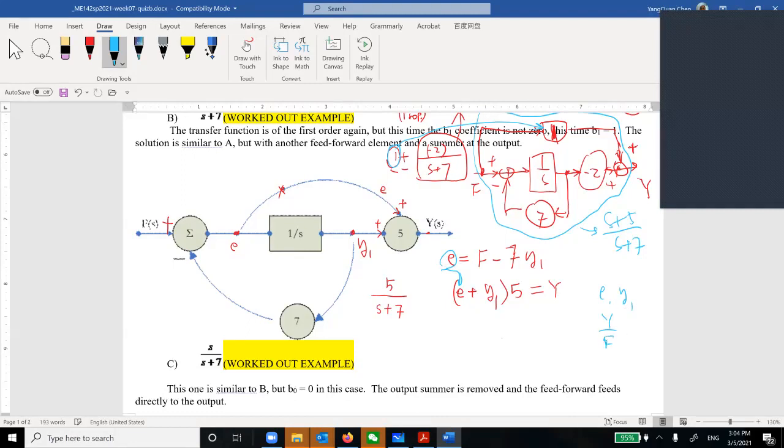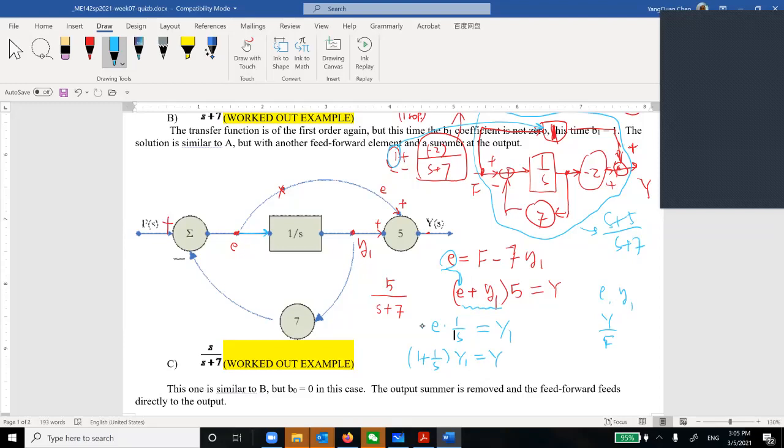Okay. So what we're going to do here is we know that E times 1 of S is y1, okay? Is y1. So we know that this side is E plus y1, which is 1 plus 1 of S, y1 equals y, right?